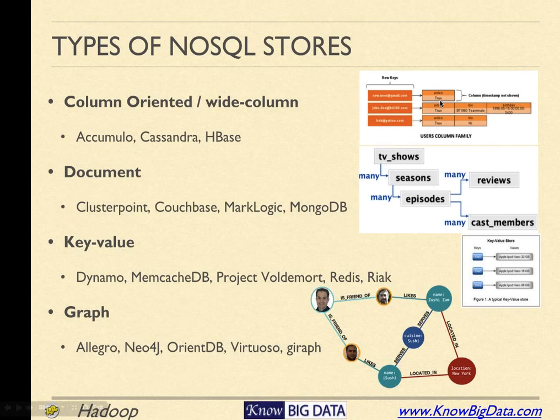All right. Now, the third one is called key value, and these are the most primitive ones. When you hear key value, you can think of an Excel sheet or a spreadsheet with two columns. One is key, the other is value. That's all. There are no other columns. You have to keep on inserting the values and keys into this table.